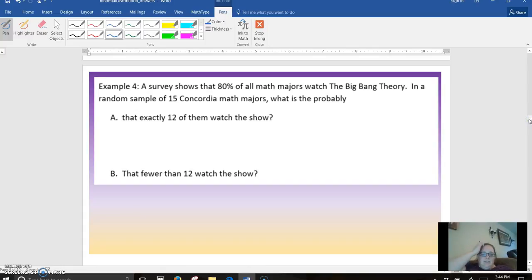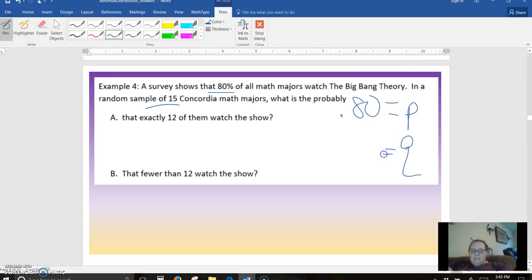All right, let's do this one. A survey shows that 80% of math majors watch The Big Bang Theory. In a random sample of 15, what is the probability that exactly 12 watch it? Okay, so 80% is P. That means Q is 20%.